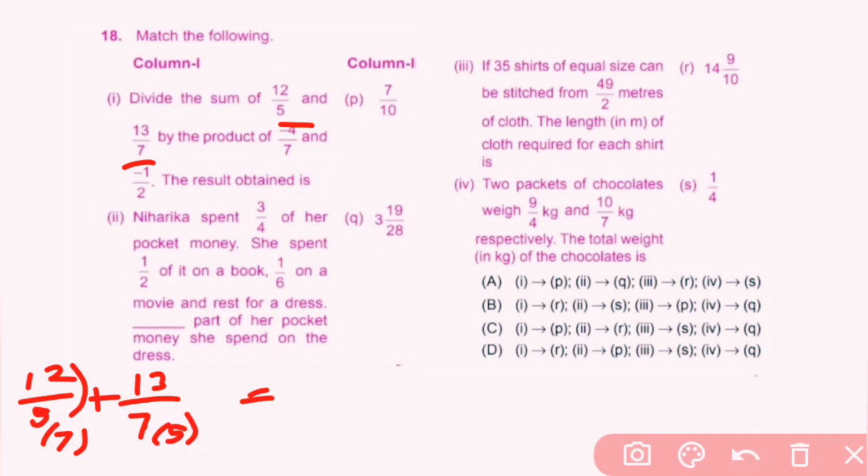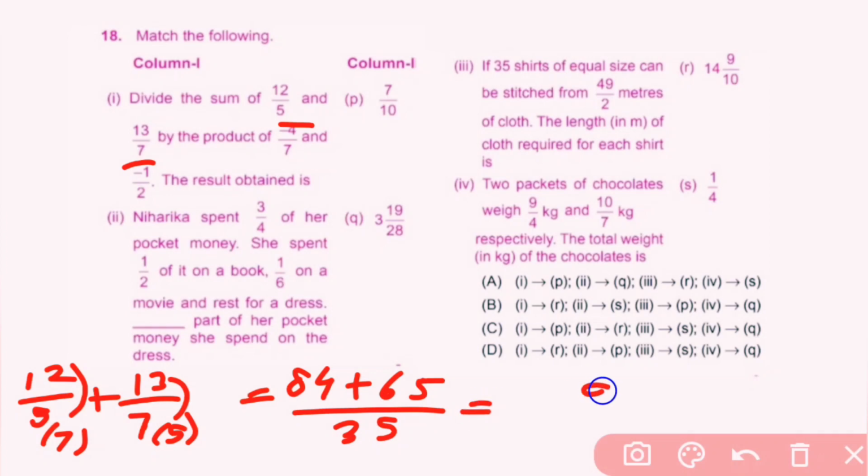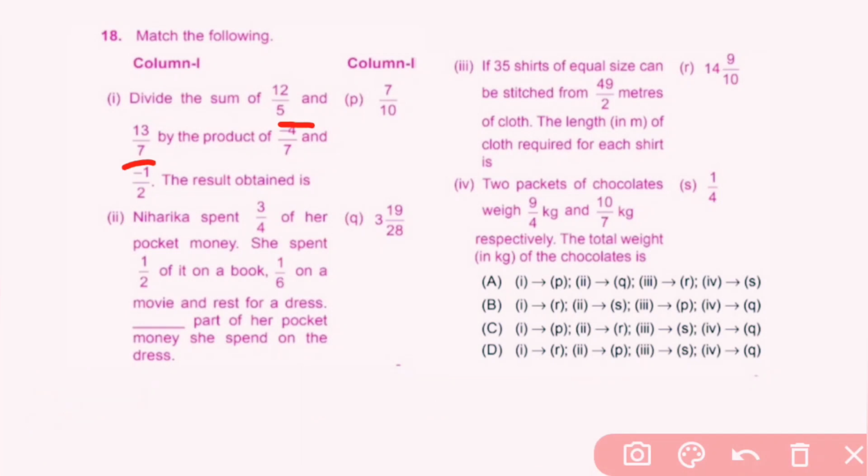So 12 into 7 is 84 plus 13 into 5 is 65, and their denominator is 35. 84 plus 65 is 149 by 35. Now their sum is 149 by 35.